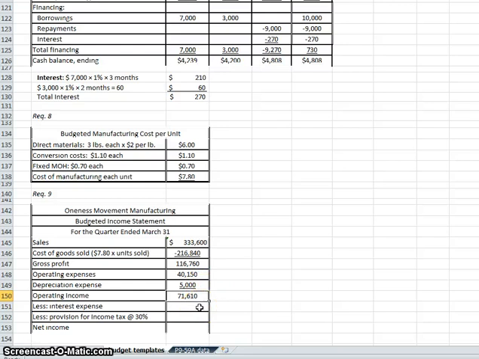Alrighty, my interest expense equals, and we'll just come right up here because this is the total interest from the quarter. So we'll enter that.